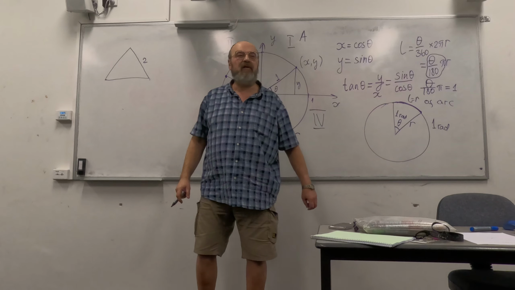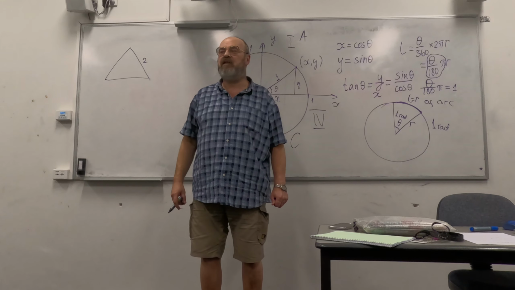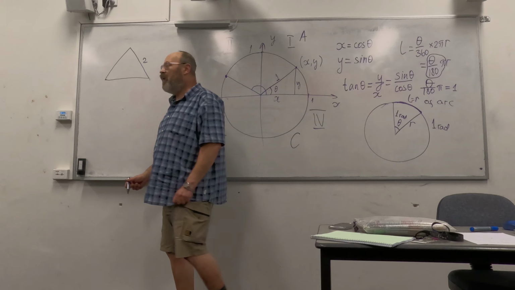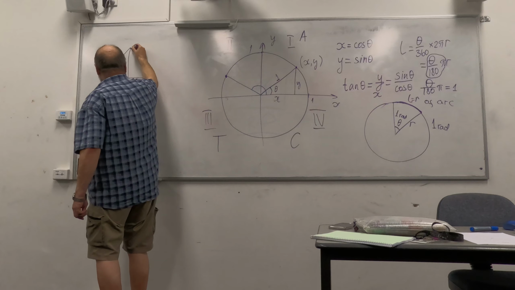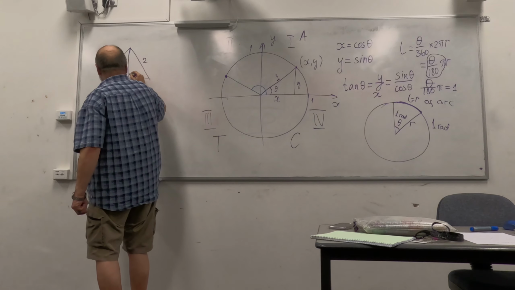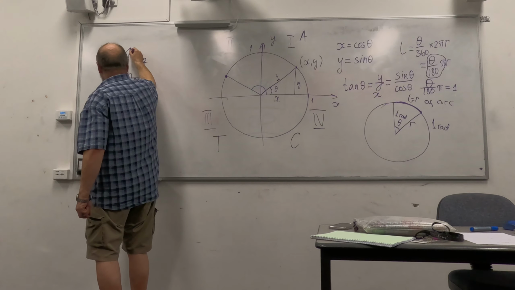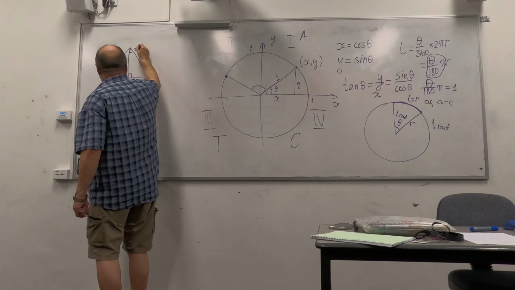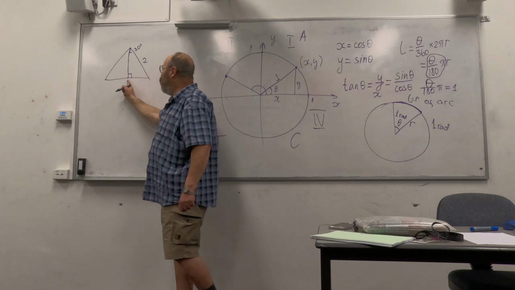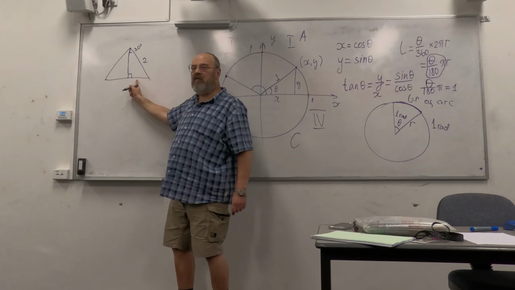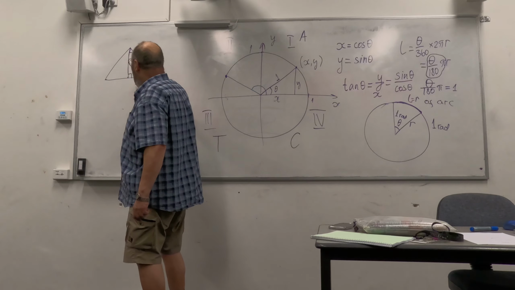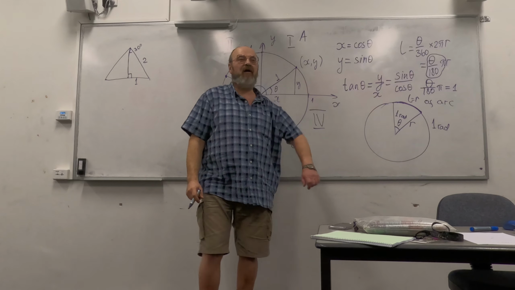As an equilateral triangle, each angle is 60 degrees. Let's draw the height. So it's 90 degrees, and this angle will be 30 degrees. What will be this side? One.